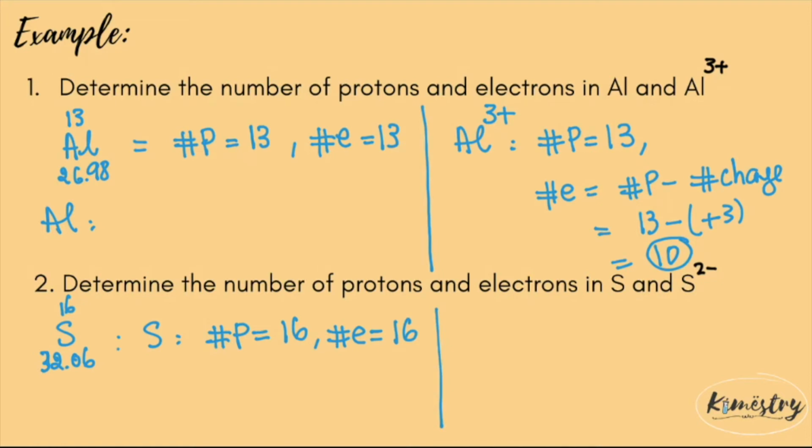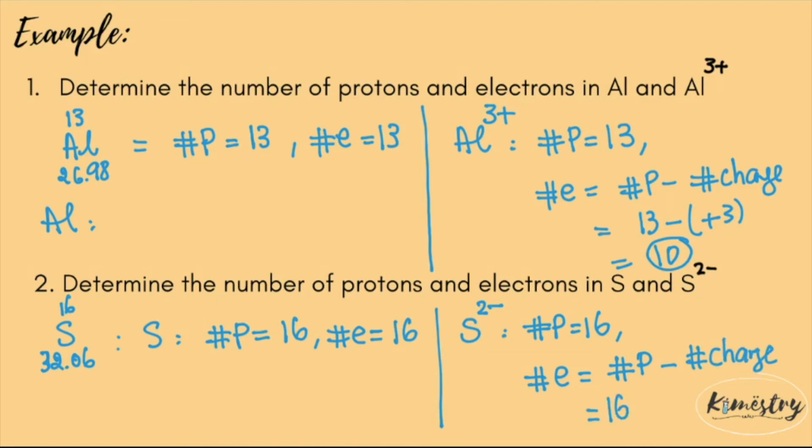However, if we do the sulfur ion, the number of protons is 16, but the number of electrons is equal to the number of protons minus the charge, so 16 minus minus 2 equals 18.